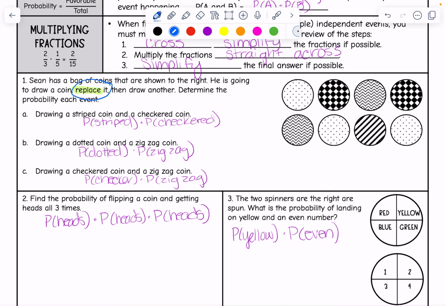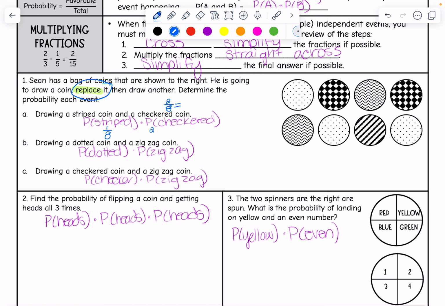First I'm going to look at the probability of getting a striped coin. I can see that I have one striped coin out of my 8 total coins, so that would be 1/8. Now I'm going to look at the probability that I would get a checkered coin. I see that I have 2 checkered coins out of the 8, so this is going to be 2/8.